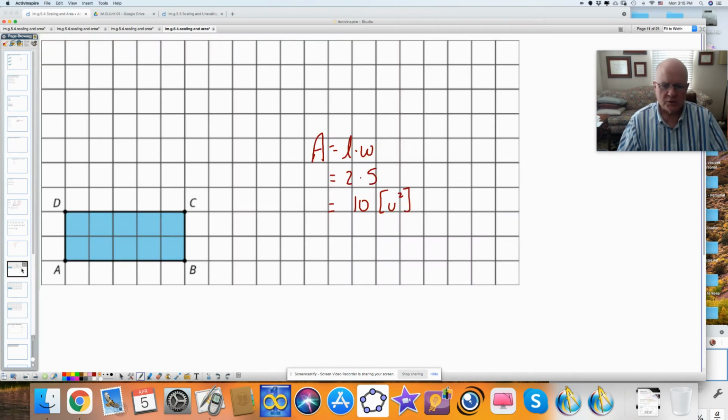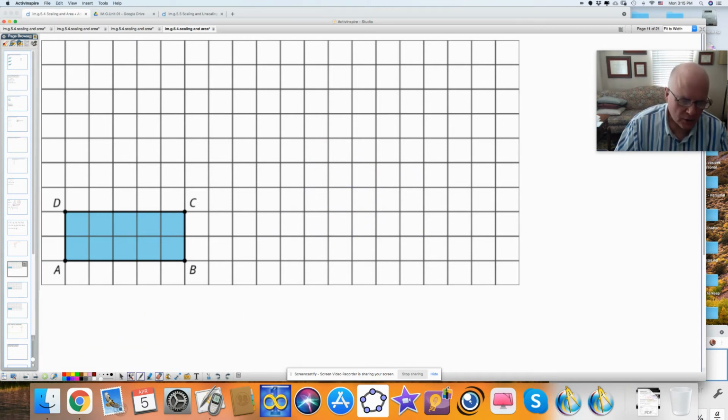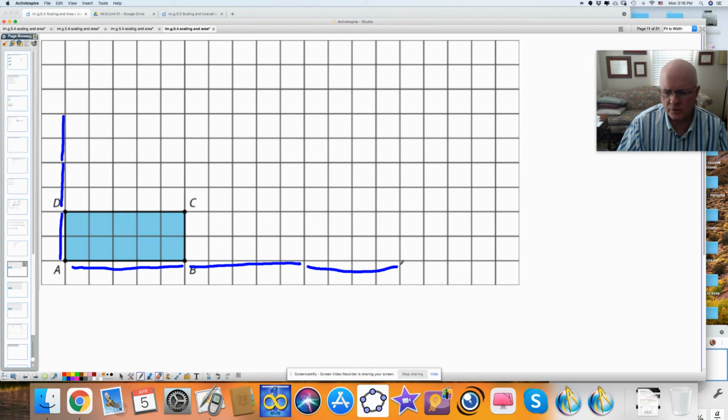What if we took this original and we scaled it up by a scale factor of, say, 3? When you scale it up, and this is pretty important, if this is one part, I'm going to go 3 parts. There's 2, and there's 3. If I go this one 3 way, there's 5, 1, 2, 3, 4, 5, and 1, 2, 3, 4, 5.